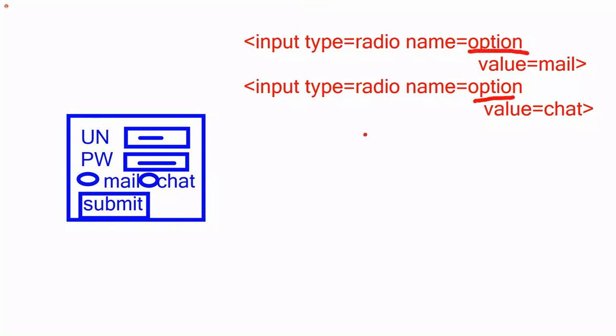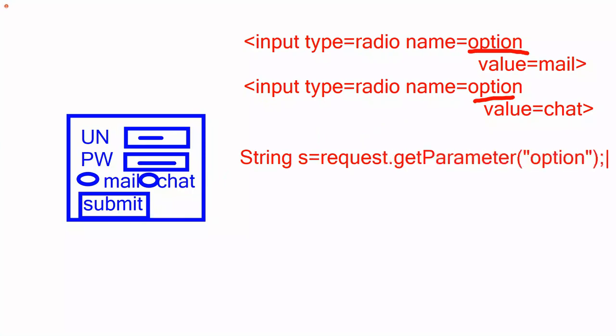Then how to retrieve? String s equal to request.getParameter("option"). Suppose you selected chat here, then what is the s value? This chat comes. Then you can write a condition here.